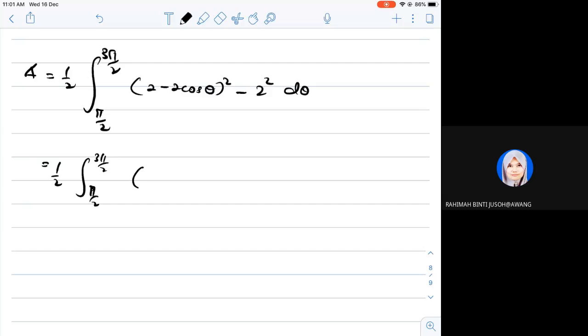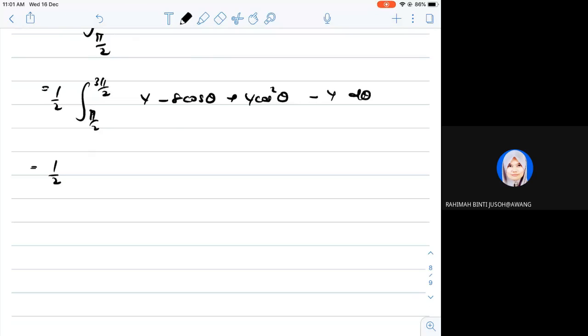So we will have 4 minus, kita kurungkan lah. 4 minus 8 cos theta plus 4 cos squared theta minus 2 squared, so minus 4 d theta.